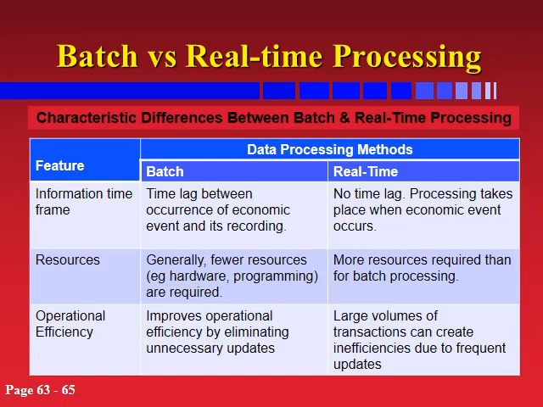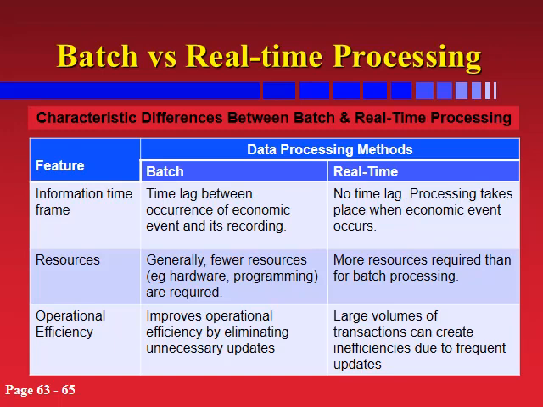In batch processing, you realize that there will be a time lag because we will wait to gather all the various transactions before actually processing them, unlike in the real-time method where there's no time lag because immediately upon processing, it is recorded and therefore stored in the database.